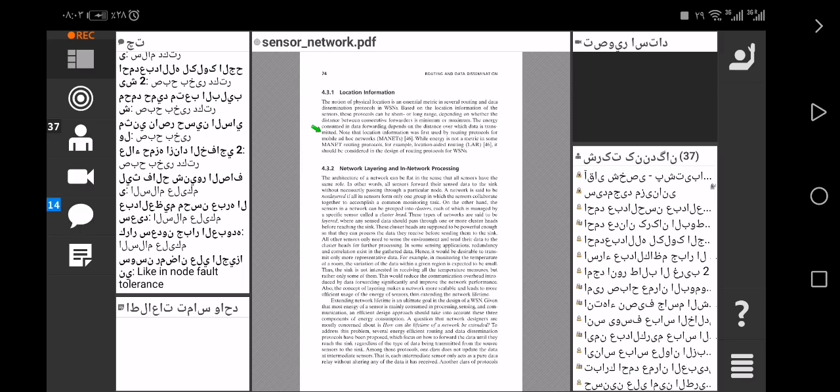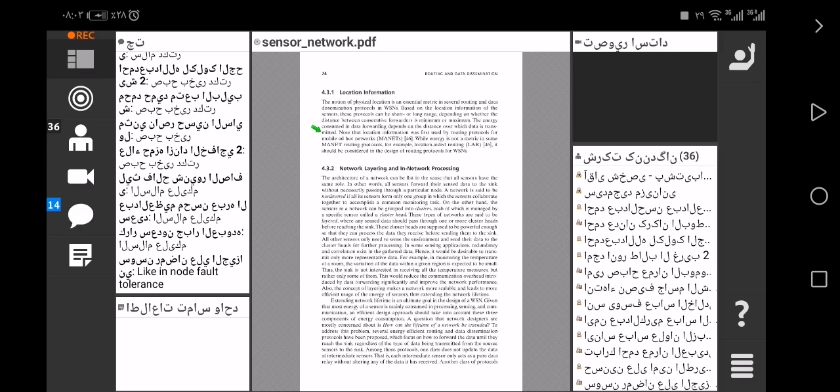So some routing protocols are located in this category. We use GPS or a localization technique to obtain the exact coordinates of each sensor node to design an accurate routing protocol.